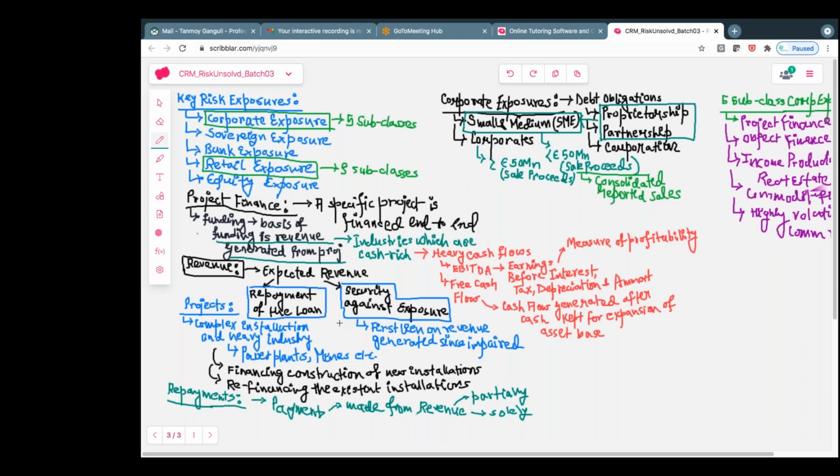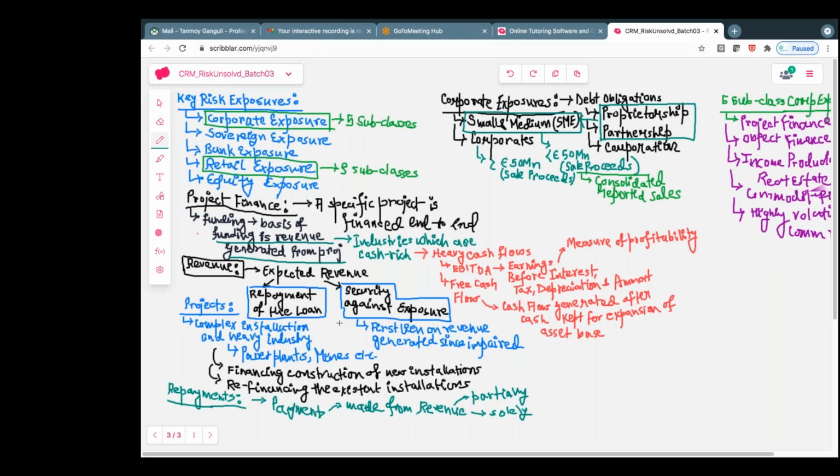So the way the finances happen is very different. Now if I buy a ship or a fleet, I don't have a garage or a place to keep the fleet. That does not come under object finance.